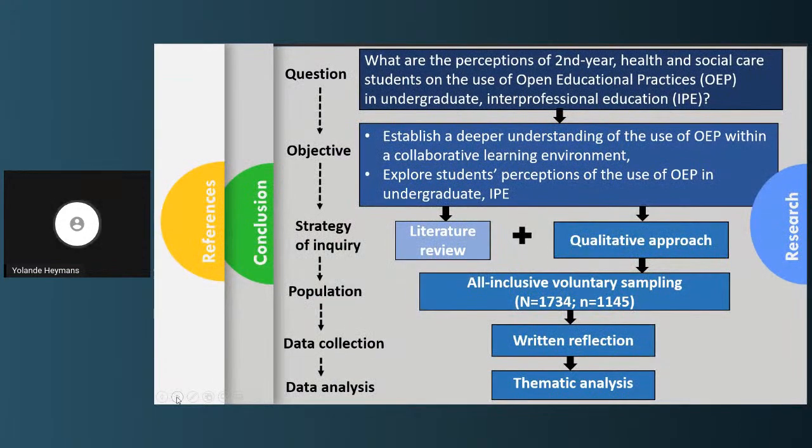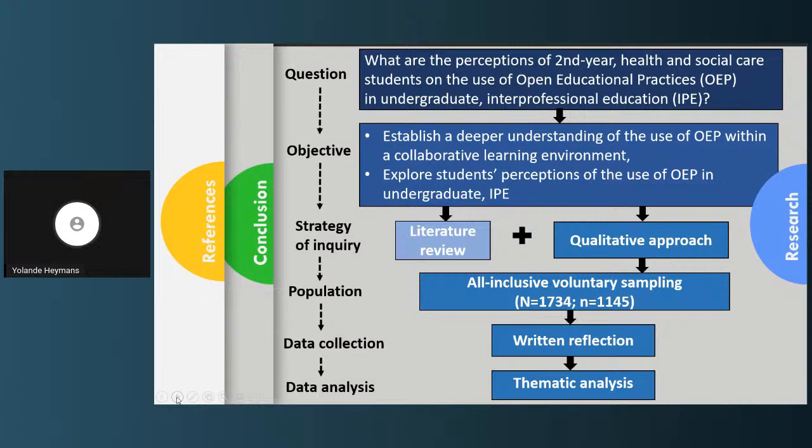Okay, so within the domain of open educational practices, and the emergingness that we could find, we also struggled to find any research that's been conducted with regard to including open educational practices in professional education. We couldn't find any study.